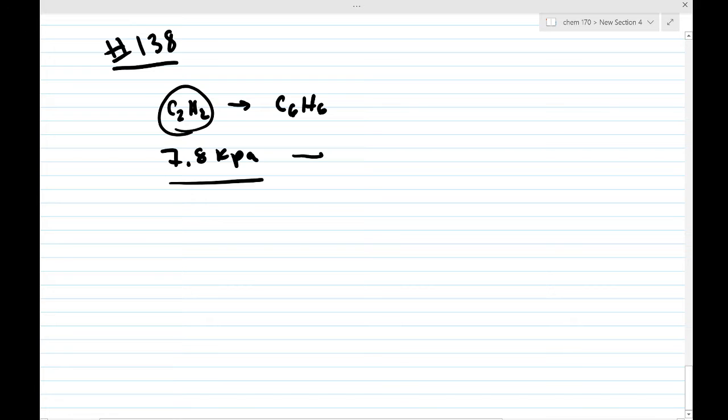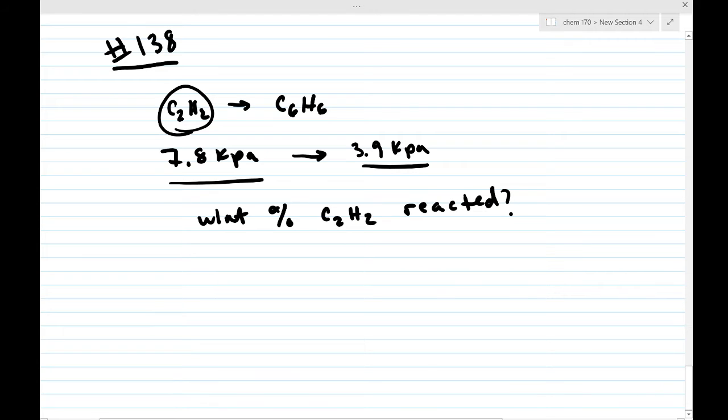Over time, this decomposes into C6H6, and it forms instead a pressure of 3.9 kilopascals. So there's a drop in pressure, and the question is asking what percent of C2H2 reacted. Okay, so that's what we want to solve for.